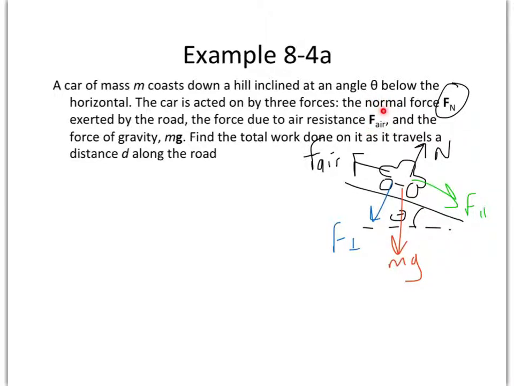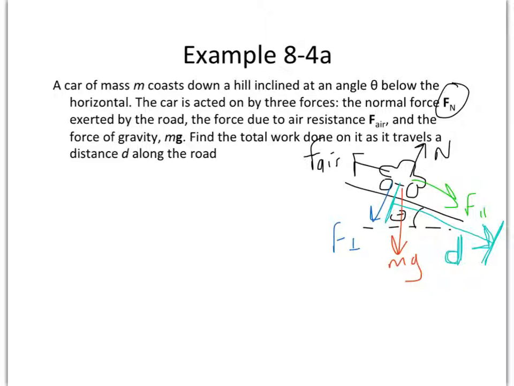So these various forces are working on the car. Let me finish reading it right here. The car travels down the road, distance d. I'm going to mark that in light blue right here. So that is our d distance, whatever that may be.